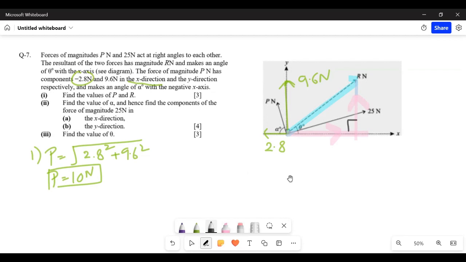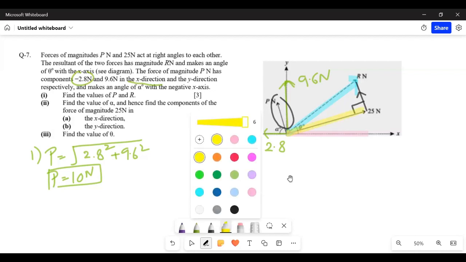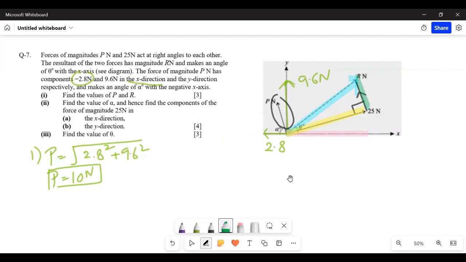However, if you look at this particular question, if you bring this P Newton force to the left over here, you'll still get a right angle here. So you can also find R by using these two forces, because this counts as the horizontal force and this counts as the vertical force, since there's a 90-degree angle between them.